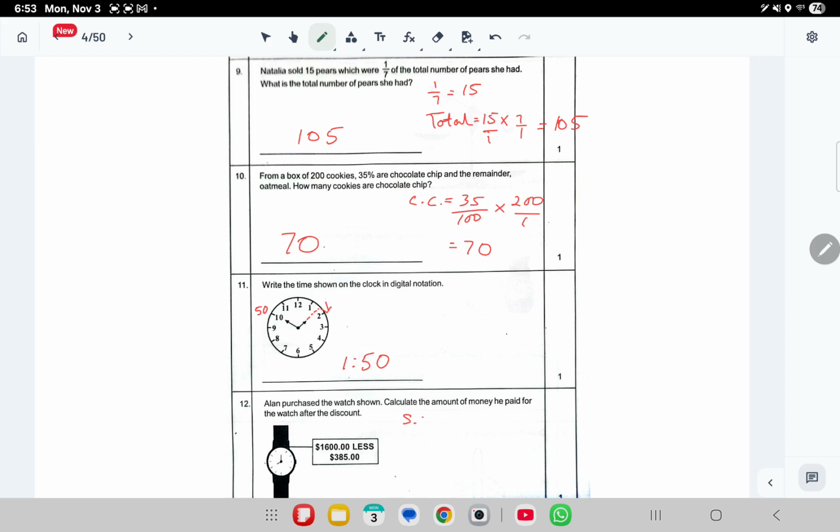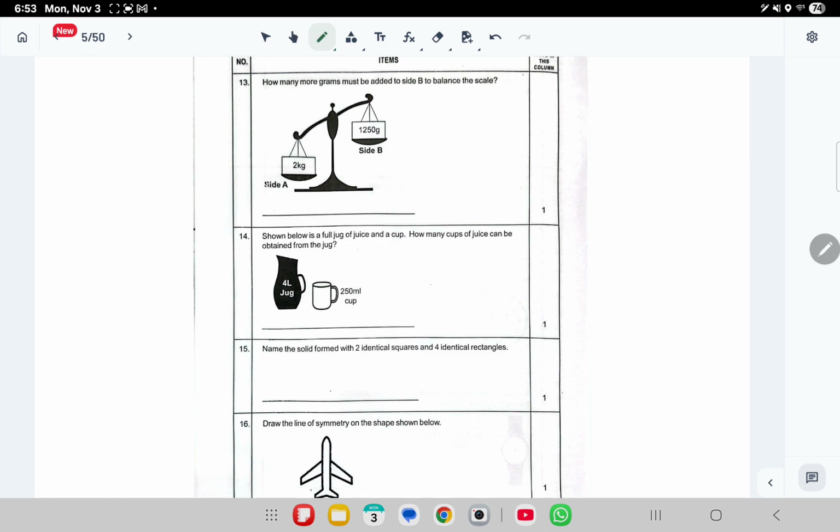So to calculate the selling price, it would be cost price take away the discount, which is equal to $1,600 take away the $385, and that will leave us with $1,215.